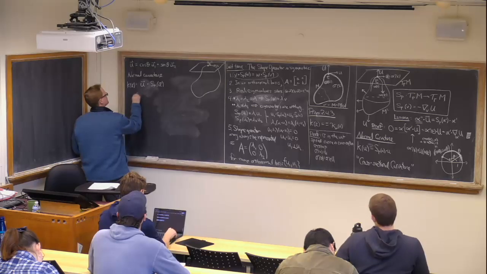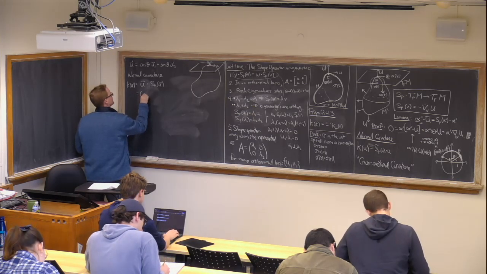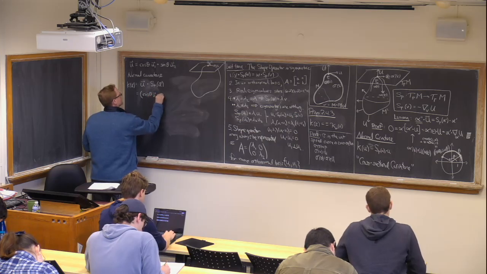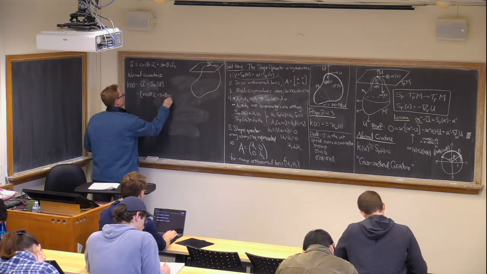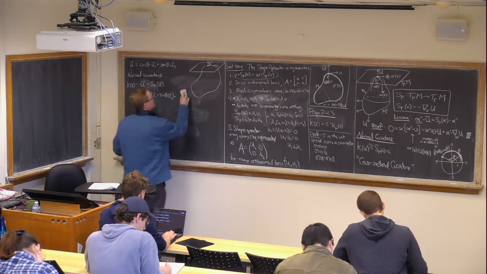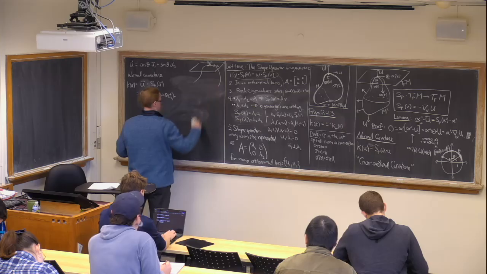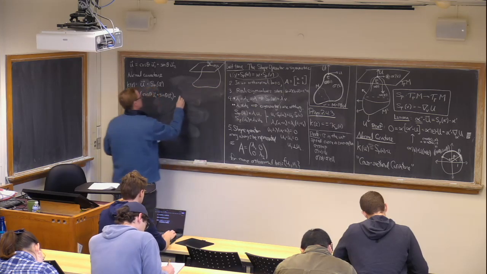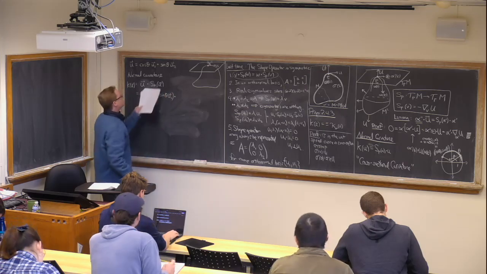By definition, what is u? It's cosine theta u1 plus sine theta u2. And then dot product the shape operator applied to u.